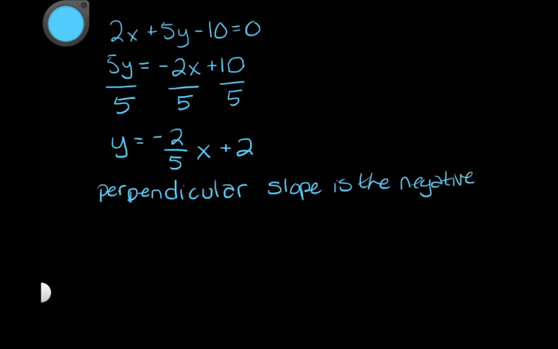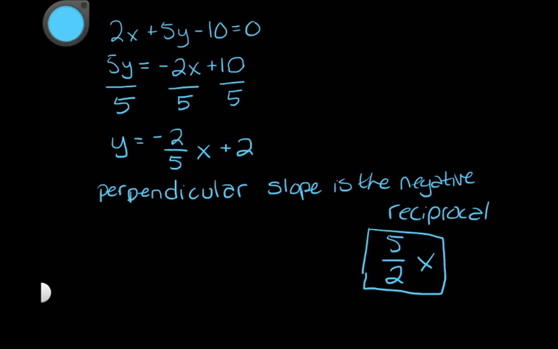So remember, the perpendicular slope is the negative reciprocal. So I'm going to take this slope and I'm going to flip it. So instead of 2 over 5, it's going to be 5 over 2. And because this was a negative 2 over 5, my negative reciprocal slope is positive. So 5 over 2 is the slope for the line we're looking for.